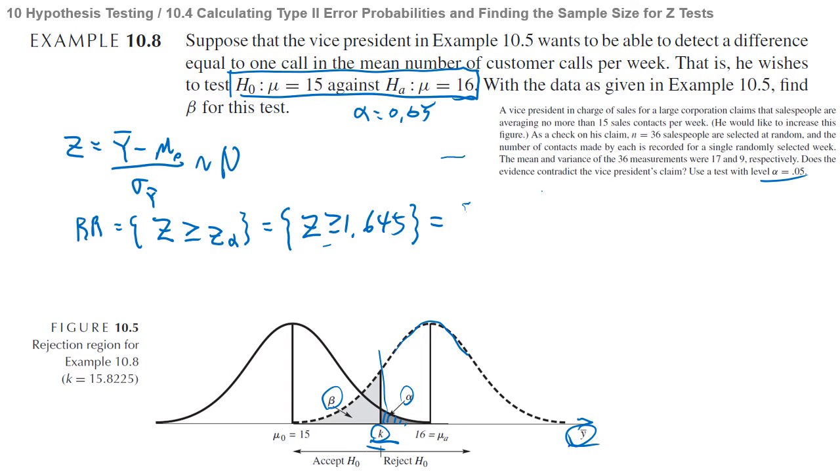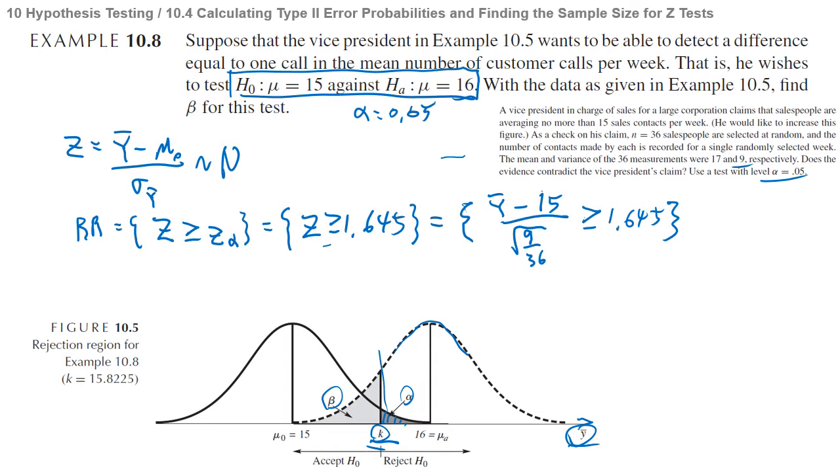So this is our z: y bar minus mu 0, which is 15, and the standard error is square root of 9 over 36, and this is greater than or equal to 1.645.